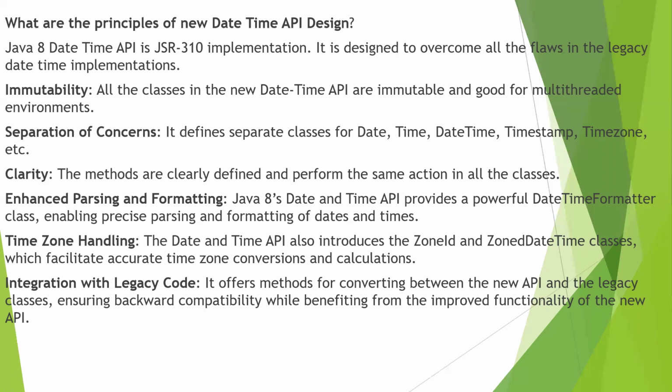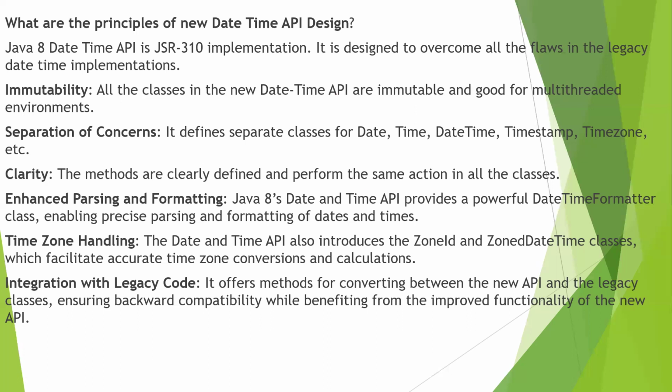Okay, and the next feature that we have is the parsing mechanism and the formatting mechanism. The new APIs provide powerful date time formatter classes, enabling precise parsing and formatting of both date and times. So you can use this formatting facility for formatting dates, or you can format the times.